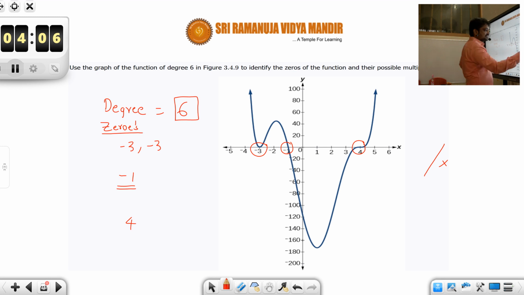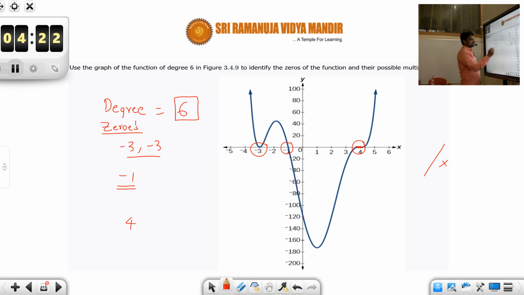There is a flattening over here. If there is a flattening, what could you conclude? The multiplicity would be either 3, 5 or something more than that. The multiplicity of -3 is 2, whereas the multiplicity of -1 is 1.